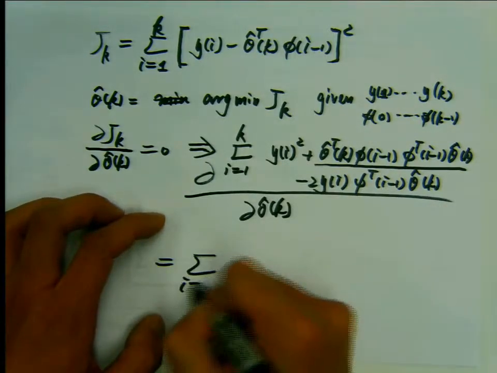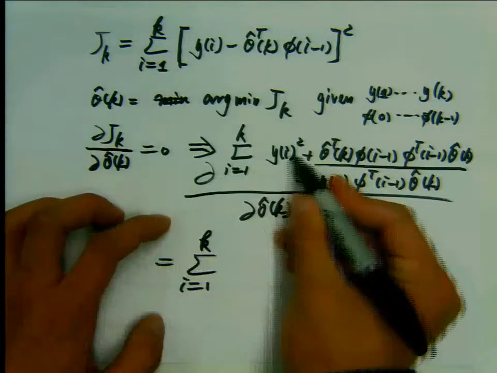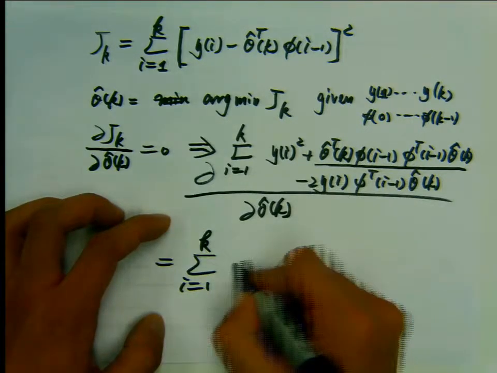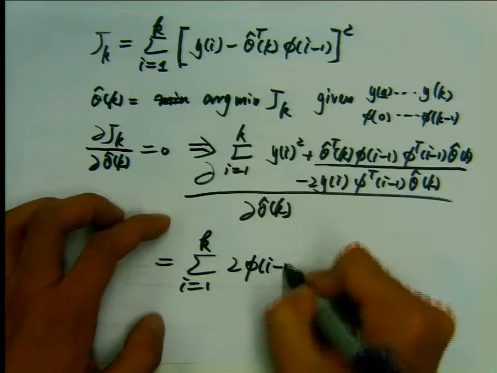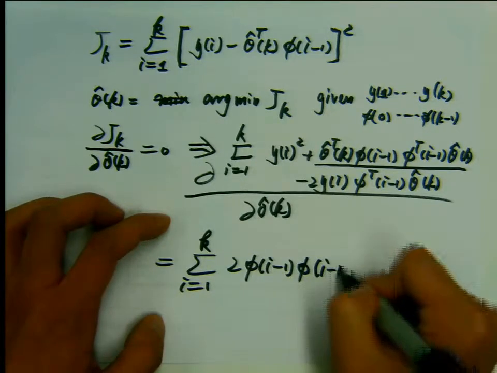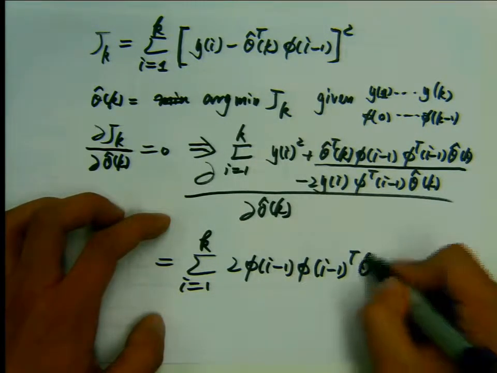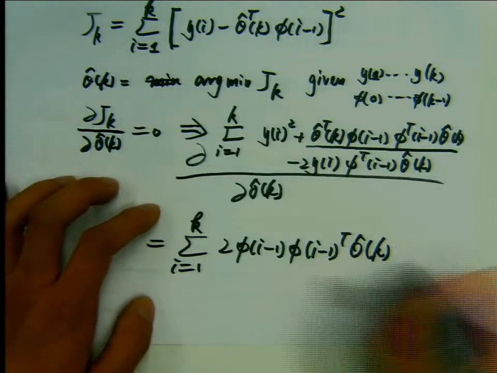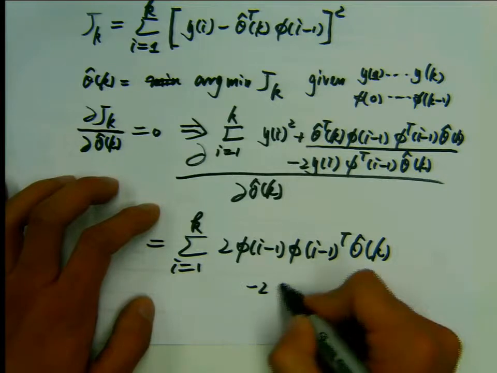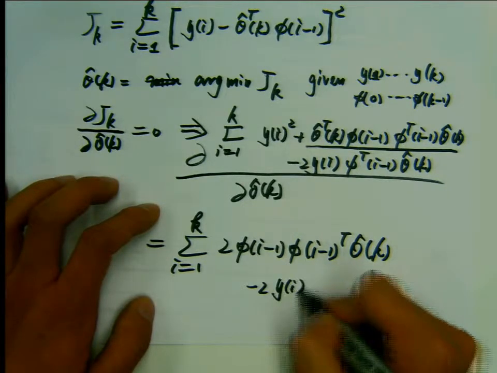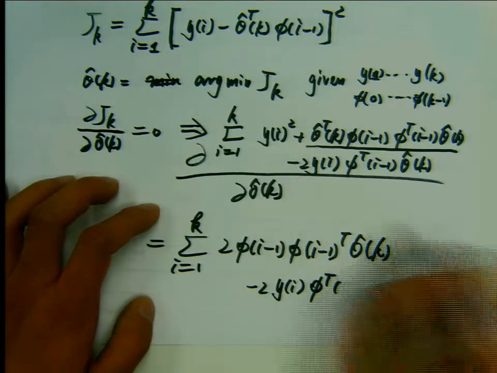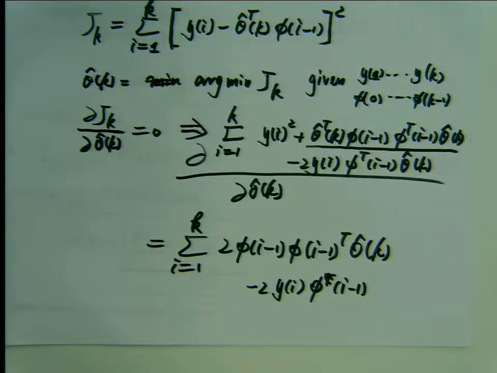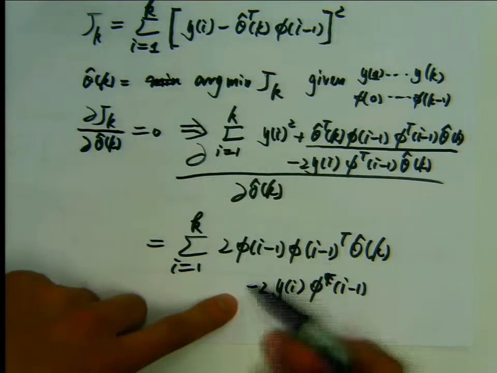You're going to have a summation; the partial derivative of the second term would be 2 phi_{i-1} phi_{i-1} transpose theta hat_k. And then the last term is going to be minus 2 y_i phi_{i-1}. Okay? So if you want, you can check the dimensions.